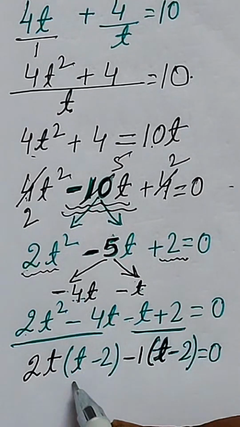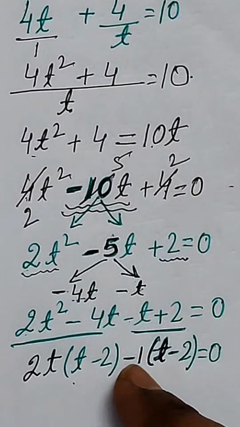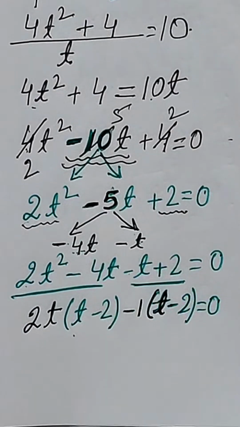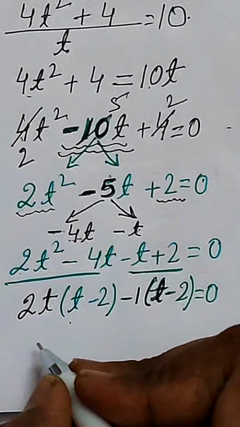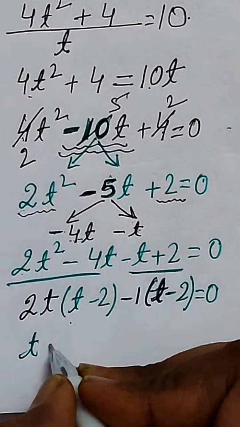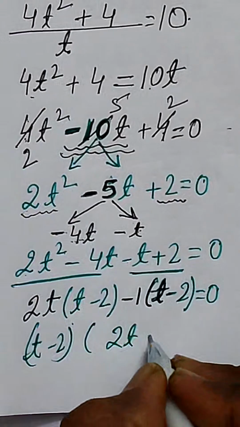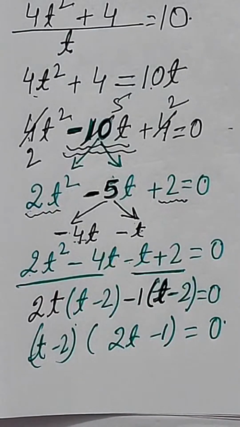And here you can see t minus 2 is common in both these terms. Here also t minus 2, here also t minus 2. So t minus 2 will be taken as common. Then we are left with 2t minus 1, which is equated to 0, right?